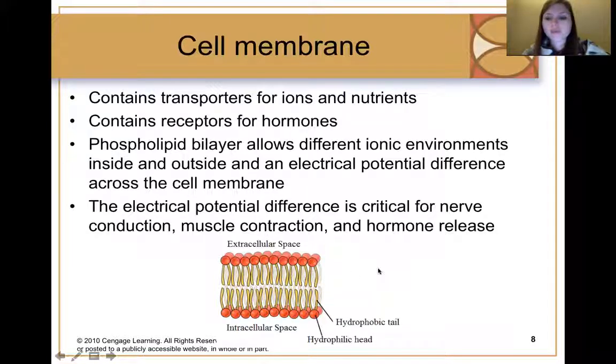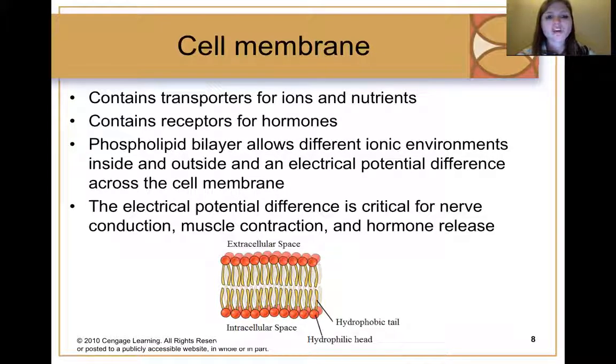So they keep things inside the cell, and keep things outside of the cell that don't need to come in. This phospholipid bilayer has different transporters for ions and nutrients. Depending on the function of the cell, the membrane will have transporters to let certain things in or out. And some things can passively diffuse, like water, but we won't get too much into that.